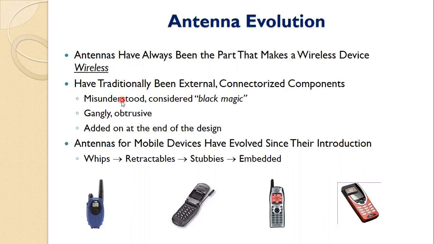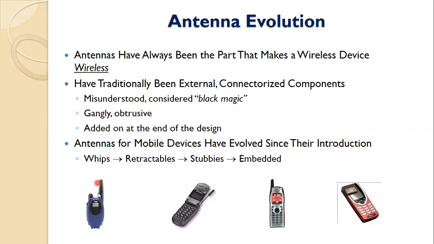But as the years have passed, there have been many changes, like the antenna size has decreased. We can see the antenna can go inside. Here, if you observe, the antenna size is smaller in this particular device. And finally, the antenna is inside the mobile.